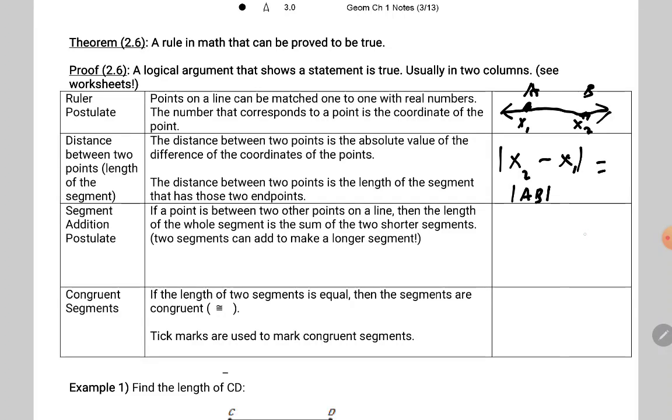The segment addition postulate. So this one says, let's say here's A, B, and C. Let's call this segment AB, and let's call this segment BC.